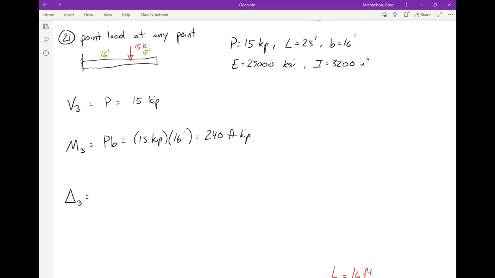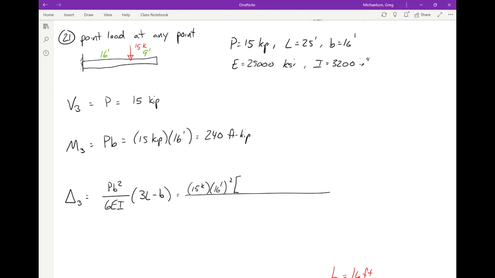And then our deflections are, here's the equation, P B squared over 6EI, 3L minus B. So plug and chugging that out, I'm going to put all this on top. So we have 15 kips, 16 feet squared.